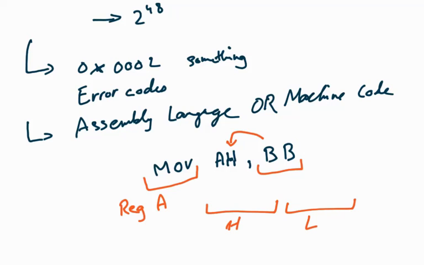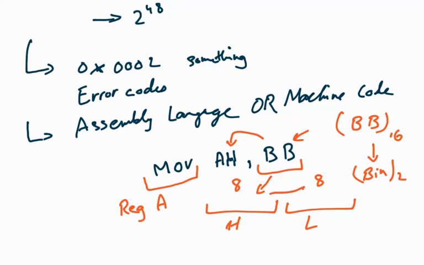We studied what a byte is. We've got 8 higher bits and 8 lower bits, and the high byte represents the upper ones, and what the command is telling us is to store this BB into this. Now what BB is can be a number in hexadecimal notation. It will be converted into binary, and that binary number will be stored into this AH in the form of zeros and ones. I hope you're clear now.